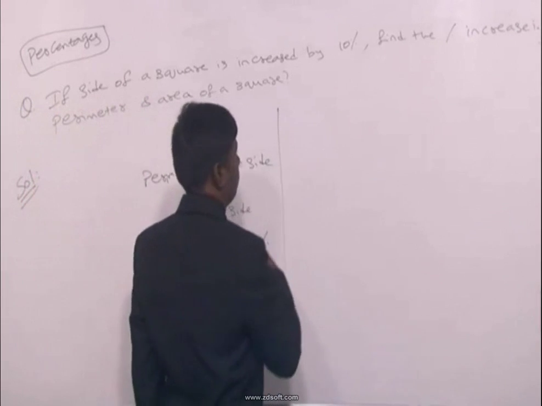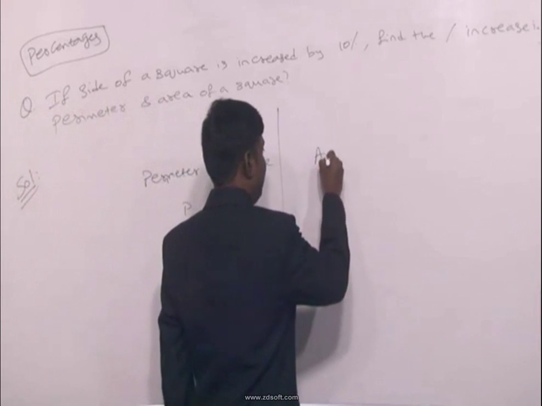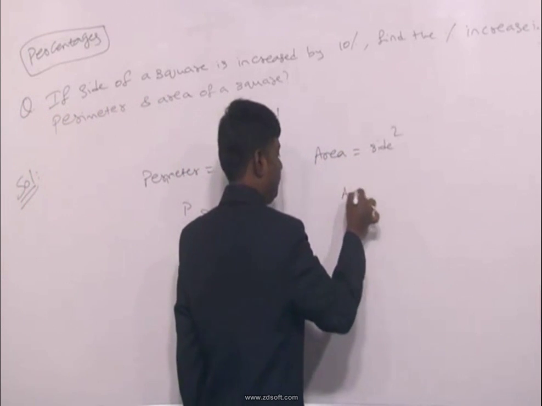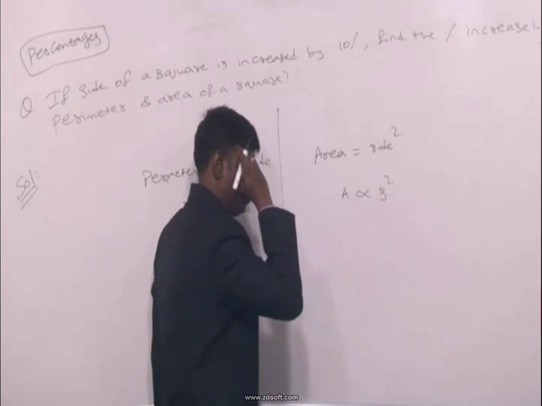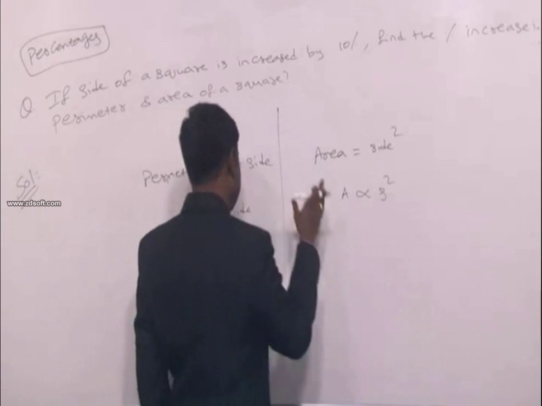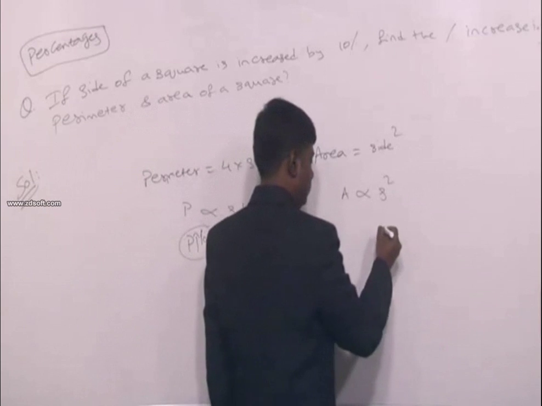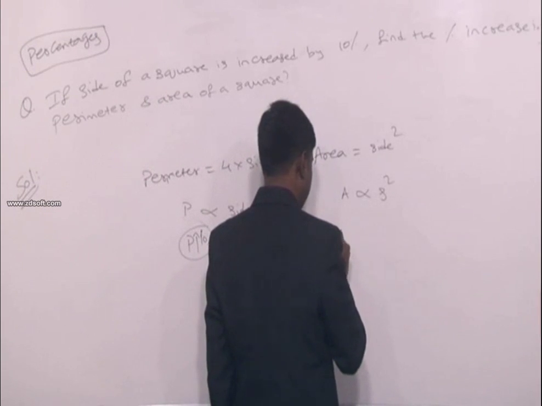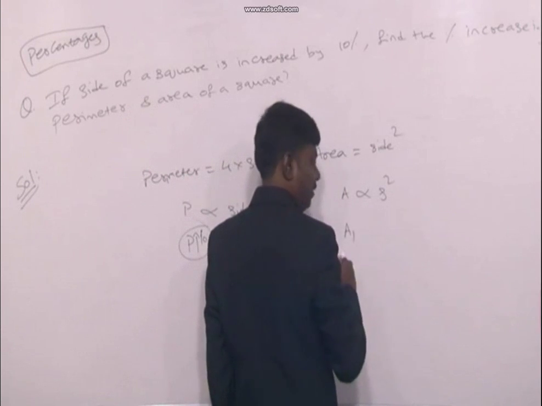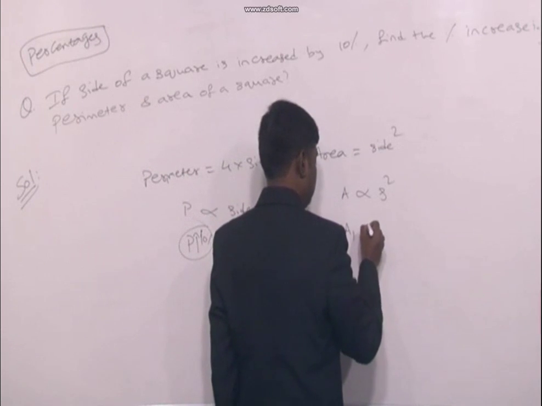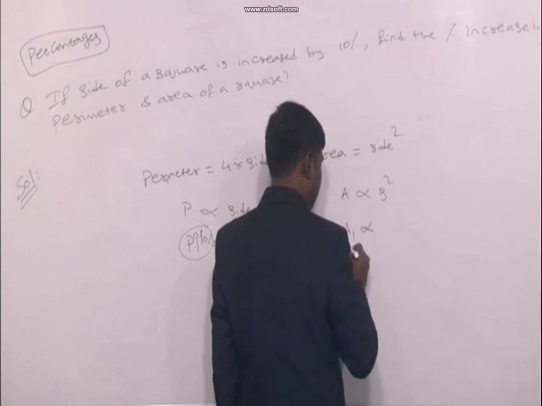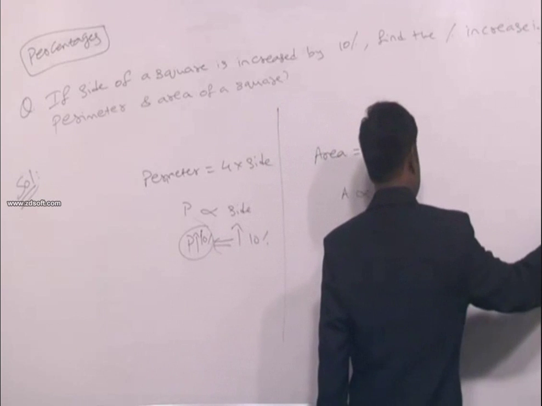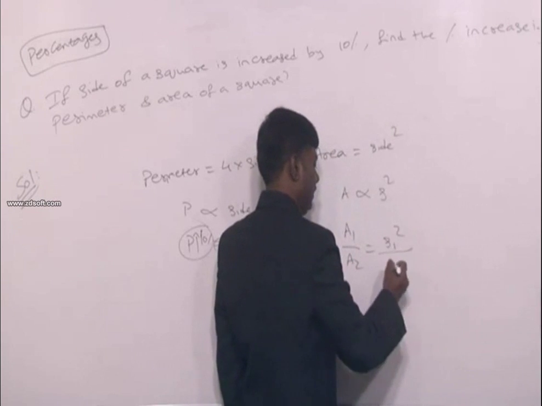Okay, coming to area. Area is side square, right? If the side is increasing by 10%, right? Let us say A1 is old. It is directly proportional, A1 by A2, I would say, it is equal to S1 square by S2 square.